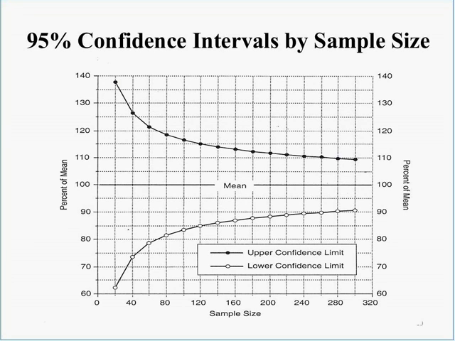And down the left-hand side, we're talking about the percentage of the mean, where the mean is 100%, and below that is a lesser value of the mean, and above it is a greater value than the mean.